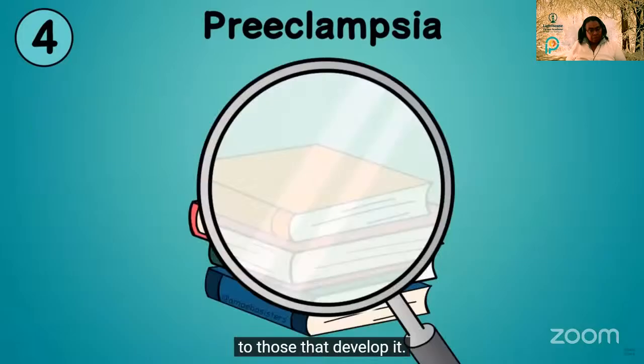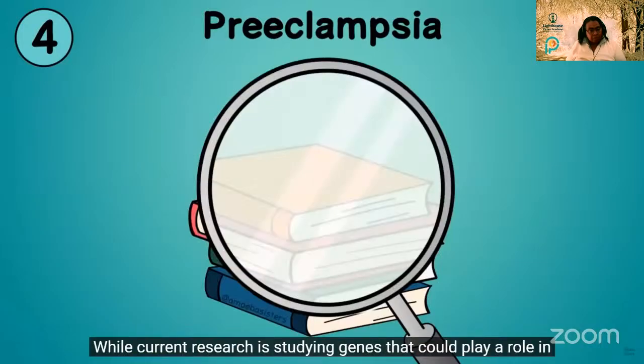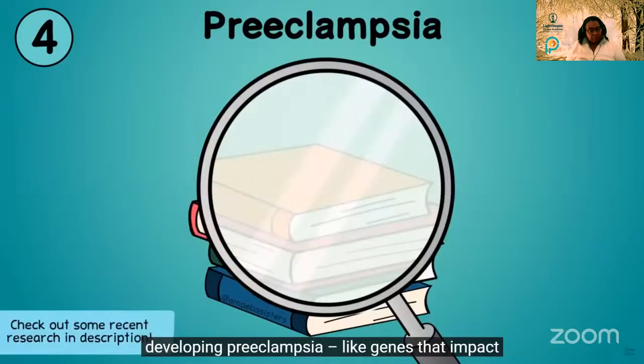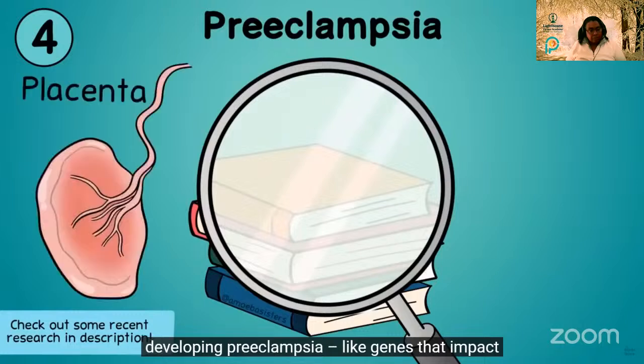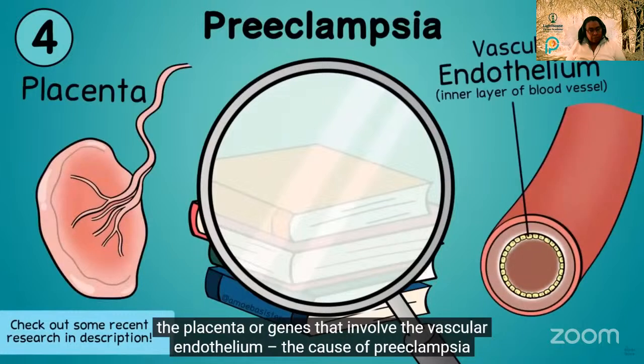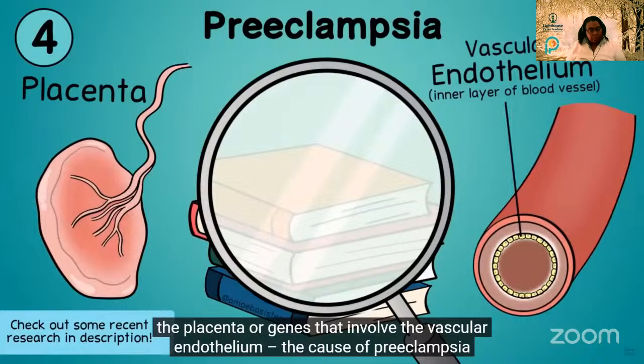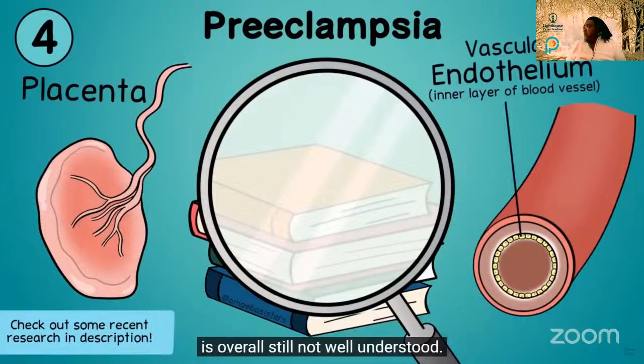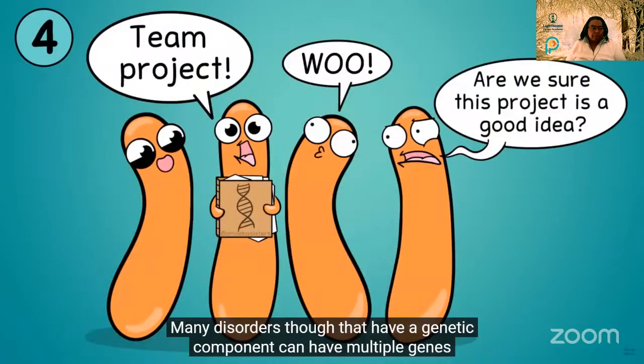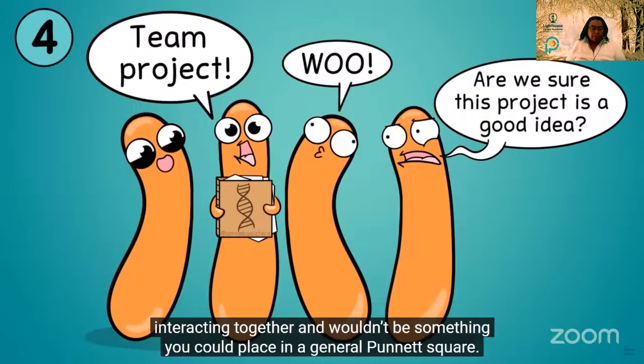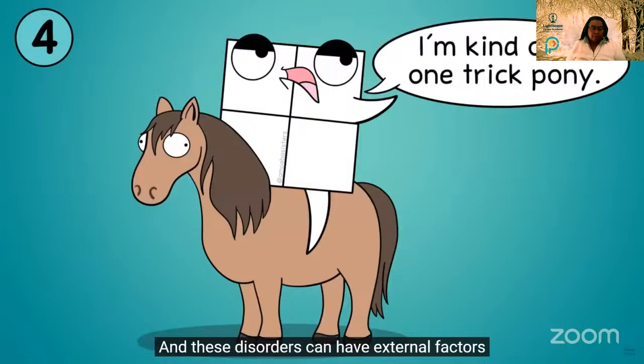While current research is studying genes that could play a role in developing preeclampsia, like genes that impact the placenta or genes that involve the vascular endothelium, the cause of preeclampsia is overall still not well understood. Many disorders, though, that have a genetic component can have multiple genes interacting together and wouldn't be something that you could place in a general Punnett square. And these disorders can have external factors as well that are separate from genetics.